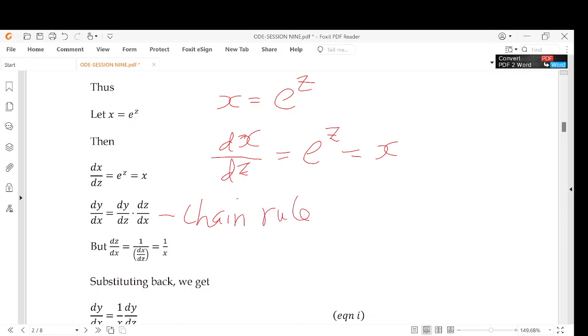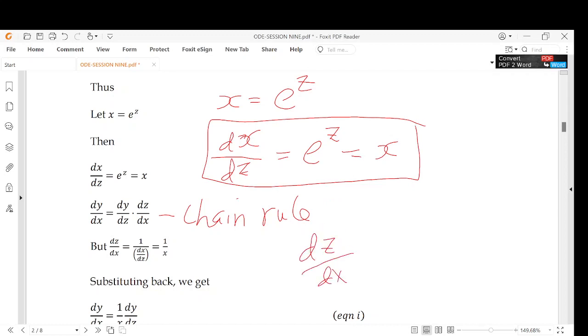in differentiation. So see that now from here we have dx dz here. So if we want dz by dx, this is the reciprocal, 1 divided by dx by dz.